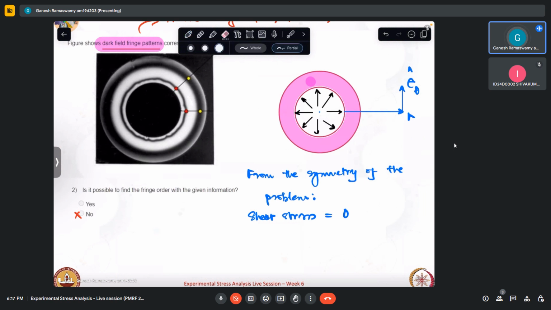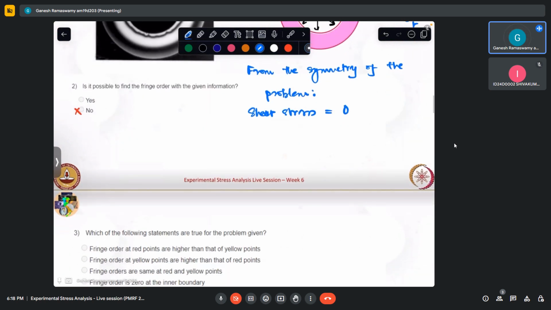What I mean is I am analyzing this in the r theta coordinate system. So at some point this will be my e_r and this will be my e_theta, that is what I mean. So I am analyzing this in the cylindrical polar coordinate system.